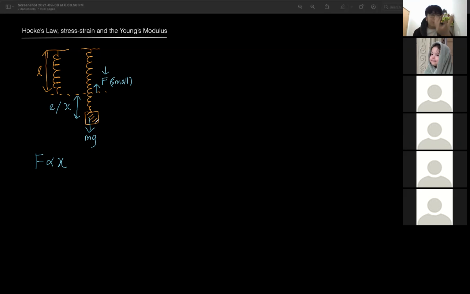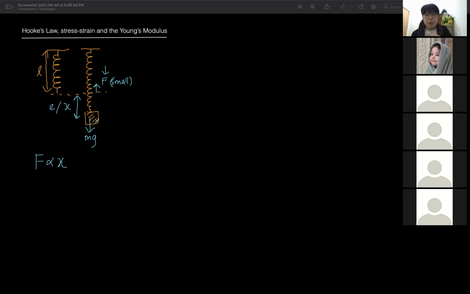You notice that the further you go, the harder you pull it, right? You have to exert more force to pull it. So the force that you exert is the same in terms of magnitude as the restoring force. They are different, but they are the same in terms of magnitude.